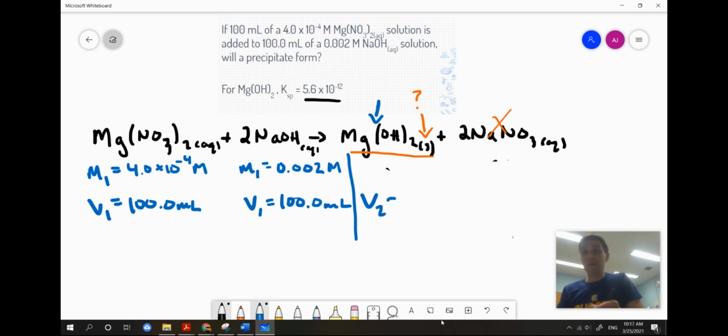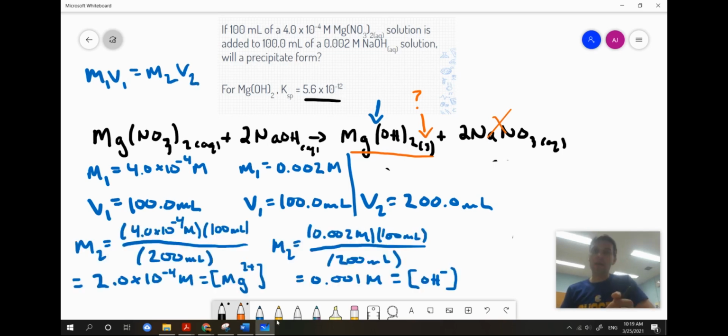So in this equilibrium system, the volume is going to change. The volume is doubling. To find my new concentrations of magnesium ions and hydroxide ions, I'm going to need to use the dilution equation. Recall that is M1V1 equals M2V2. After I've mixed these two solutions, here are my new concentrations of magnesium ions and hydroxide ions in solution.